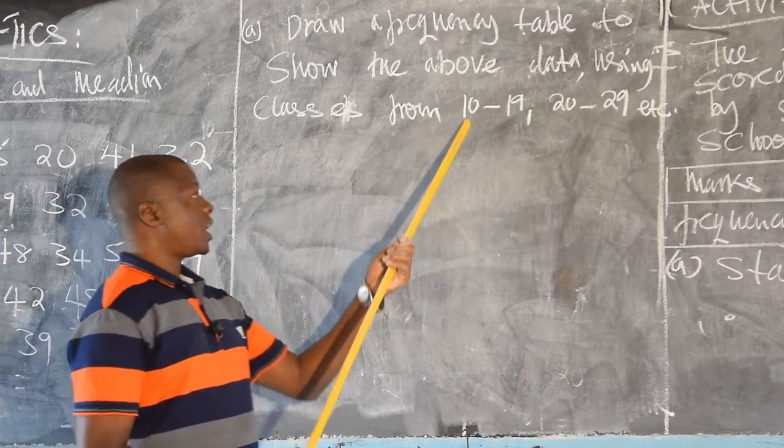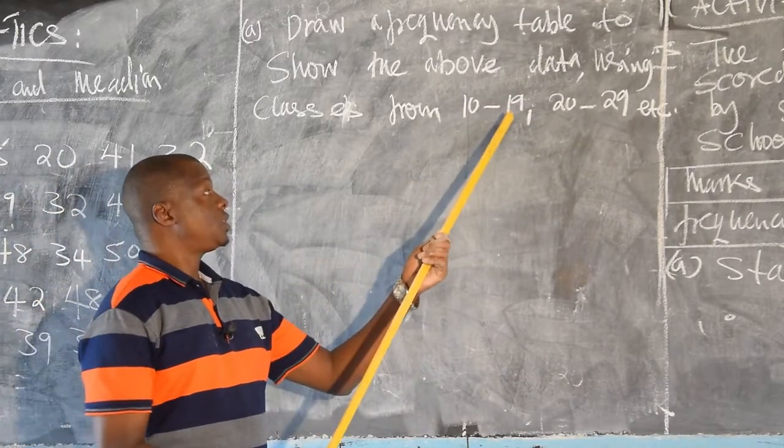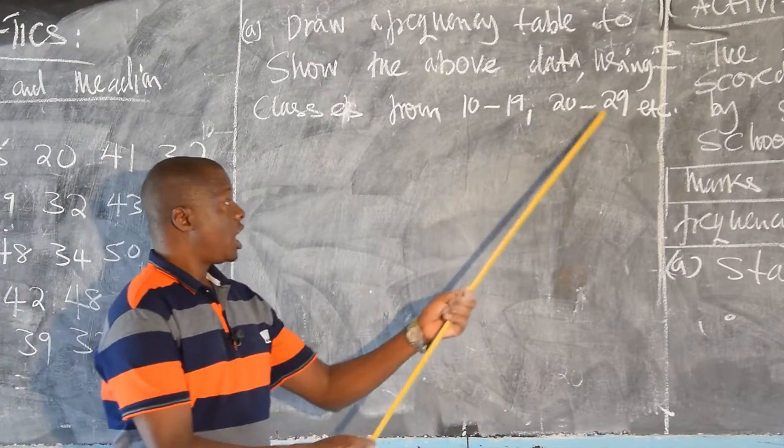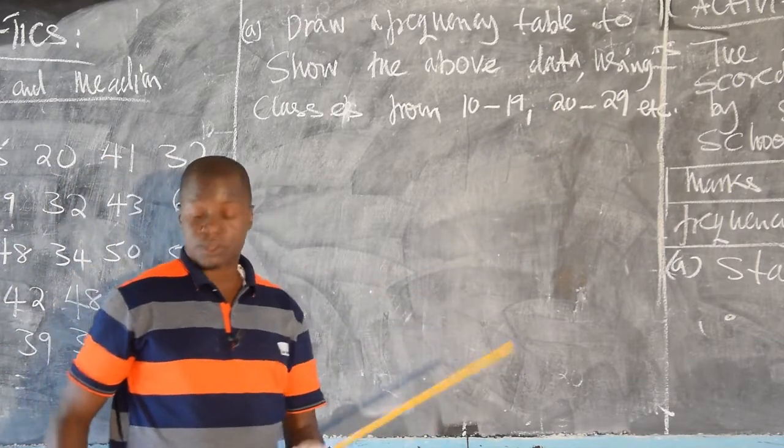This is the lower class limit. This one is the upper class limit. Lower class limit, upper class limit.